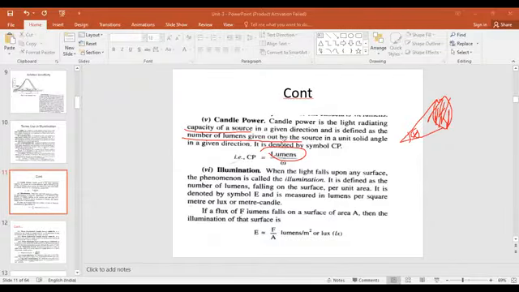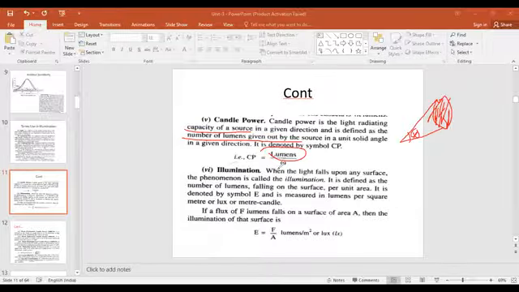So the number of lumen given out by the source in unit solid angle. Okay, take any source, simply consider the lamp in your house. When you switch on the button, it emits light. What do you see there? Does the light emit energy in only one direction, only where you are sitting? No, it emits light in all directions. It is not that it gives intensity only where you sit and not elsewhere.